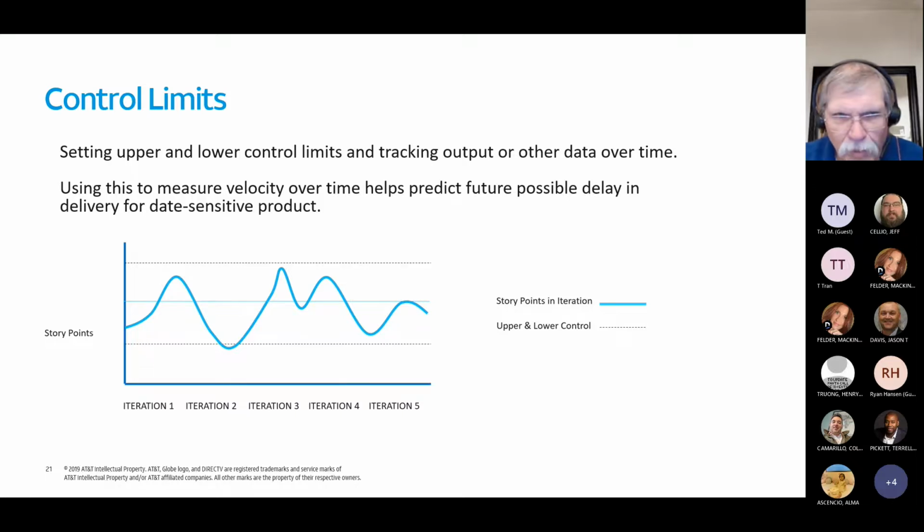And for most of the time, the trend has been to be able to do more and more story points here. In iteration 2, though, there was a dramatic dip that was outside of the lower limit. That's where we can get valuable information, and just by tracking your velocity.